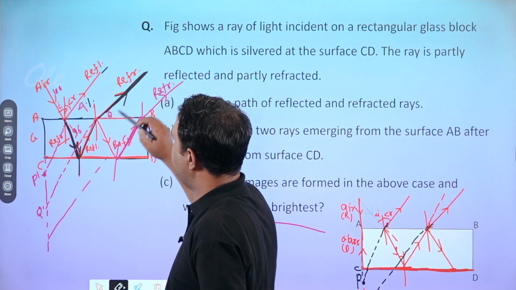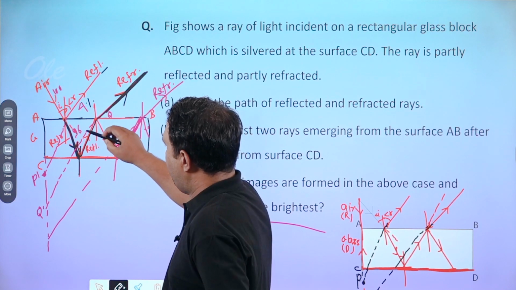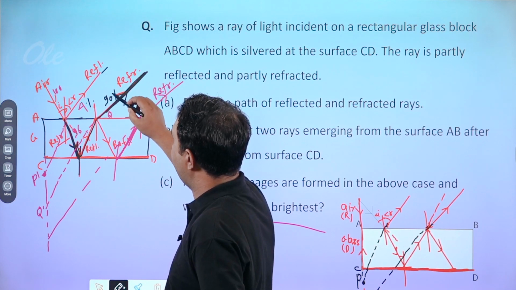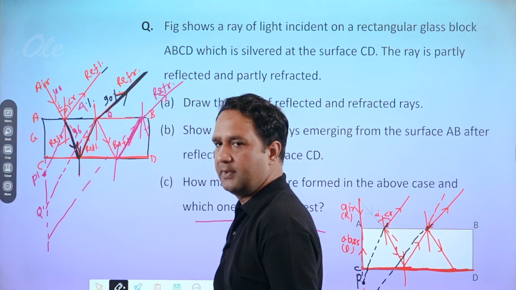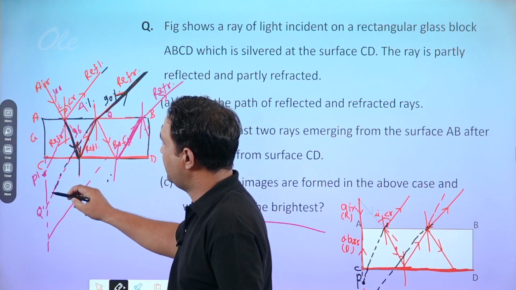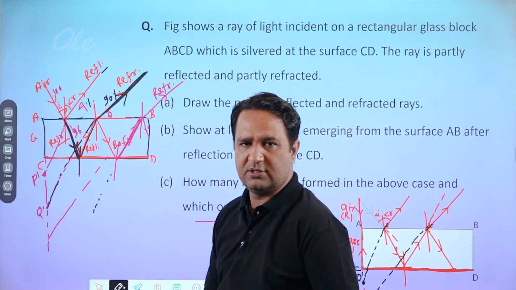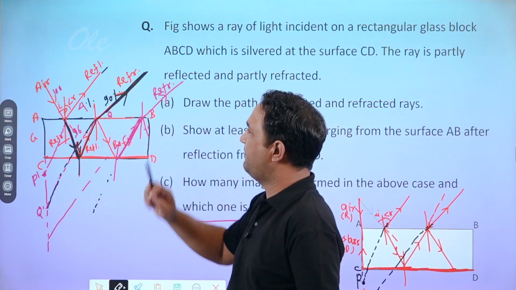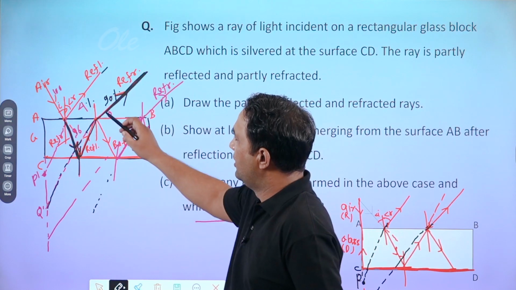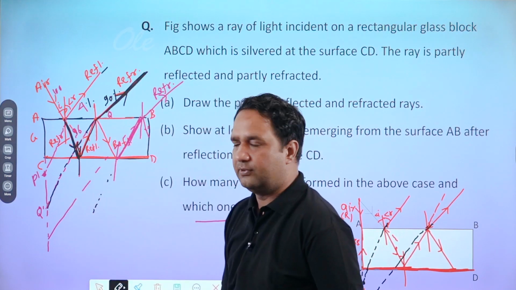Out of 96, suppose 90%, most of this ray, is refracted. Hence the image we get from this ray will have an intensity of 90%. So the image will be bright enough.